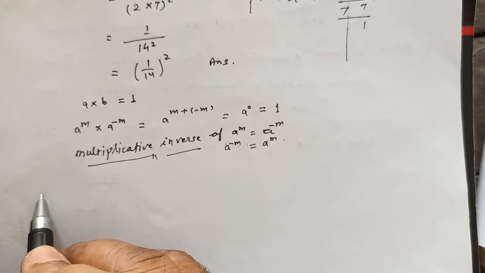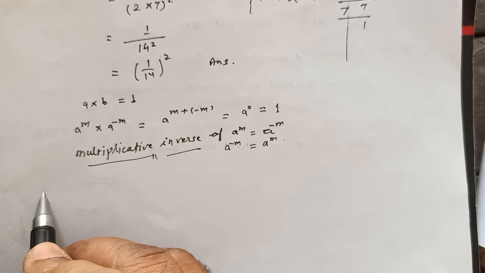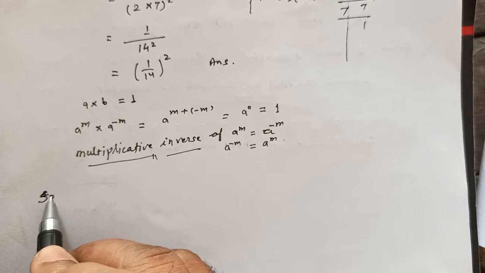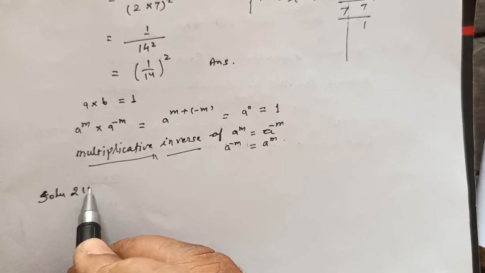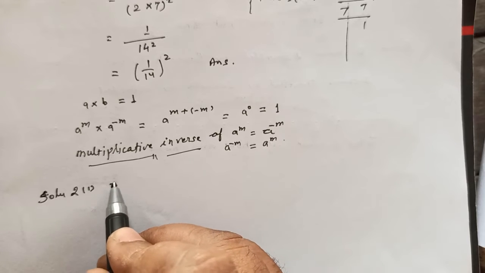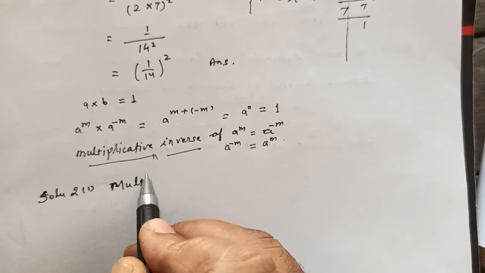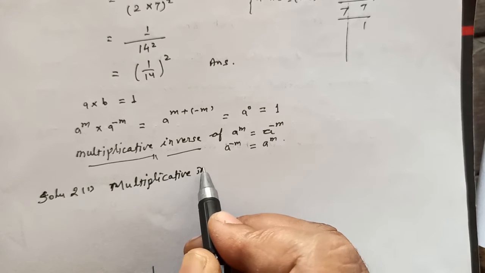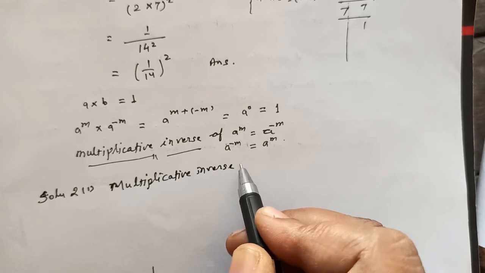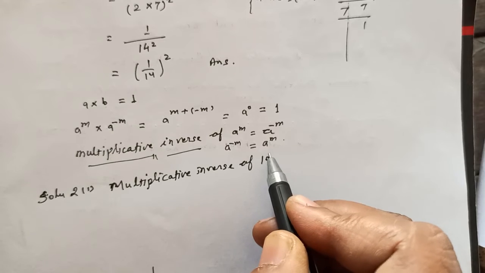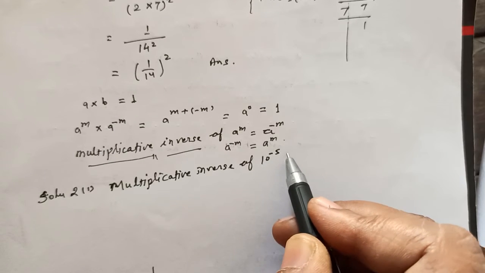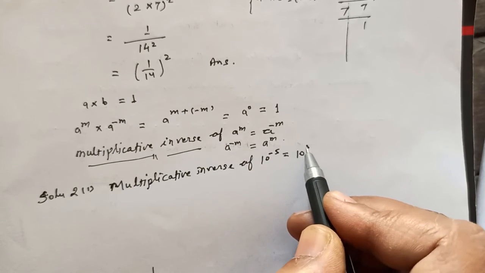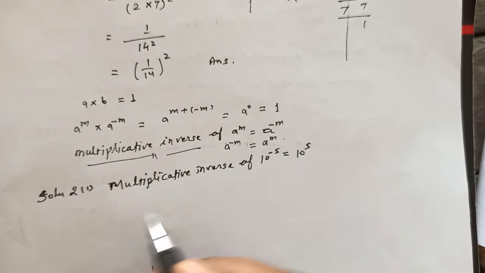So the answer, solution to first: multiplicative inverse of 10 to the power minus 5 is equal to 10 to the power plus 5.